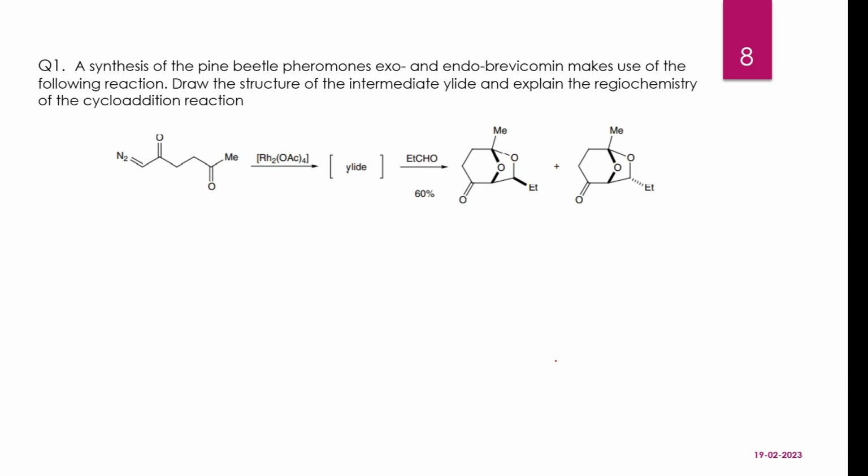Okay. So based on this, let's solve this question. What they are saying is that the synthesis of pine beetle pheromone exo and endo makes use of the following reaction. Draw the structure of the intermediate ylide and explain the regiochemistry of the cycloaddition reaction.